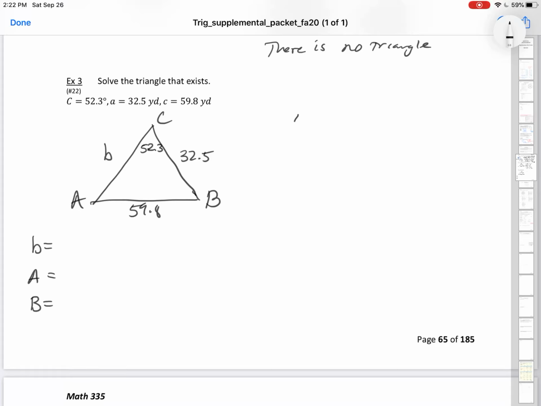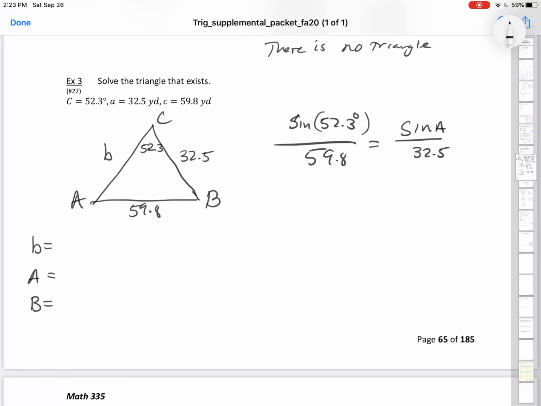How are we going to do this? We're going to look at the triangle and ask ourselves a question. Is a known angle opposite a known side? And the answer is yes. Sine of 52.3 degrees all over 59.8 needs to be equal to sine A over 32.5.